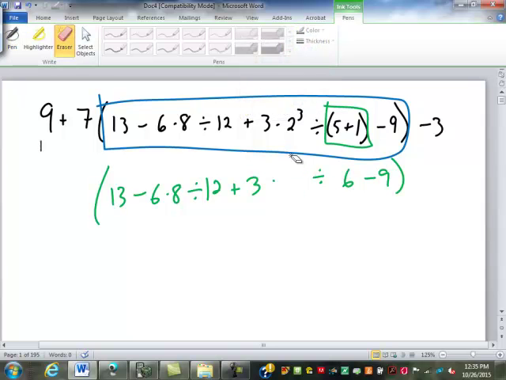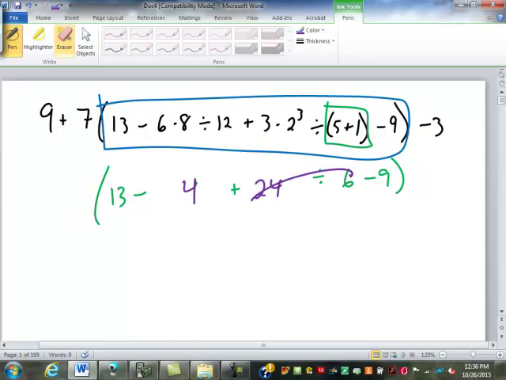So now I got to do the 2 to the third power, which is 8. What's next? 6 times 8 makes 48. Divided by 12 is 4. Then what? 3 times 8 makes 24.